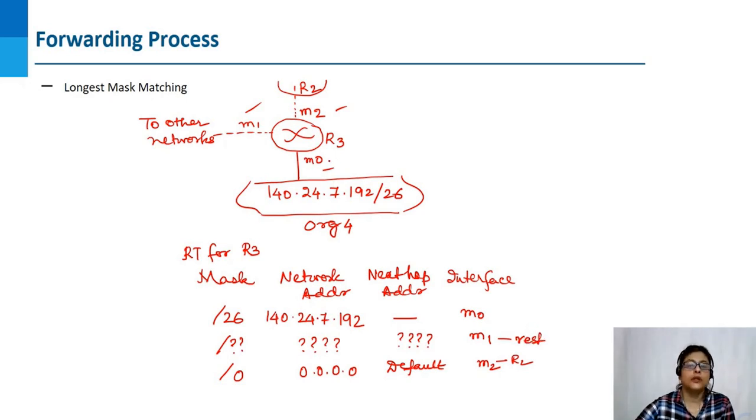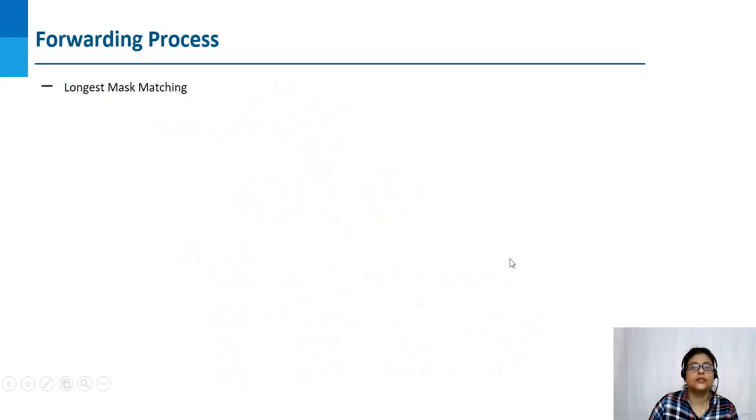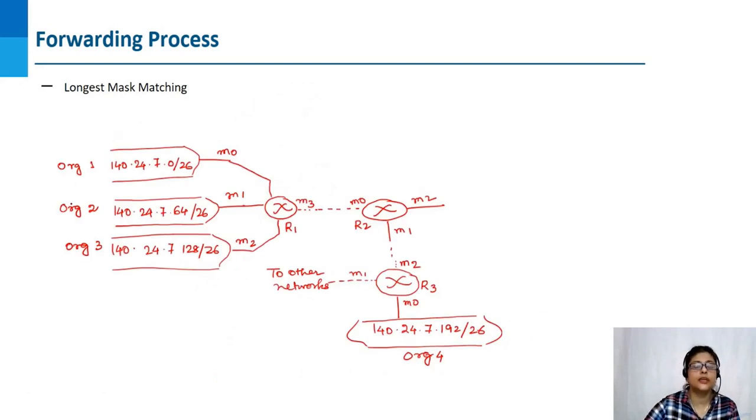With the help of interface M0, it can get connected to this network and finally to organization 4. So this is the total figure. We can see here that these 3 organizations 1, 2, 3 are aggregated. So this is known as aggregation, whereas organization 4 is far away.